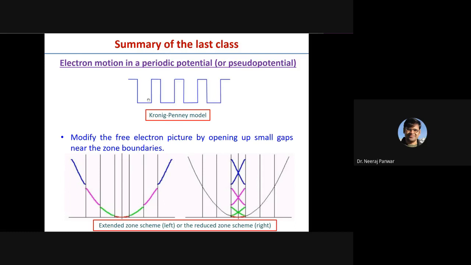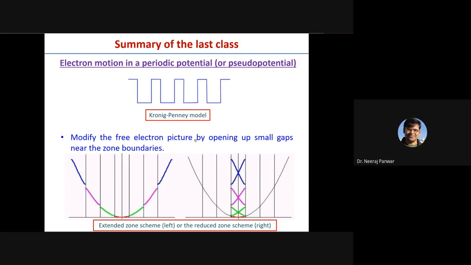And we have seen that when we consider this Kronig-Penney model, there are certain allowed ranges of energy with respect to the wave vector, and there are certain forbidden energy ranges in which the solutions of the Schrodinger equation do not exist.